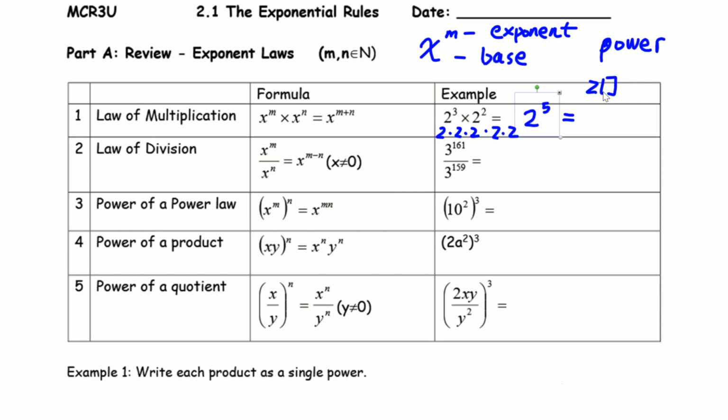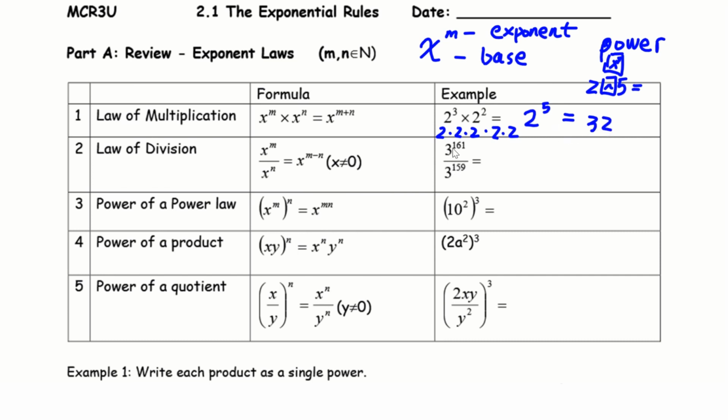Then use a calculator. On your calculator, you may have a button with an exponent, or you may have x to the exponent y. This is the exponent button, then 5, then the equal sign. It will give you 32. We call this evaluate.